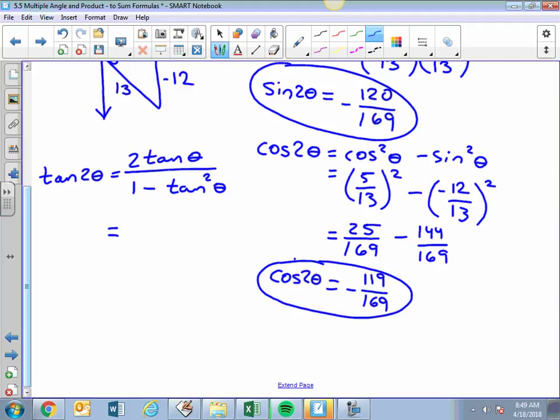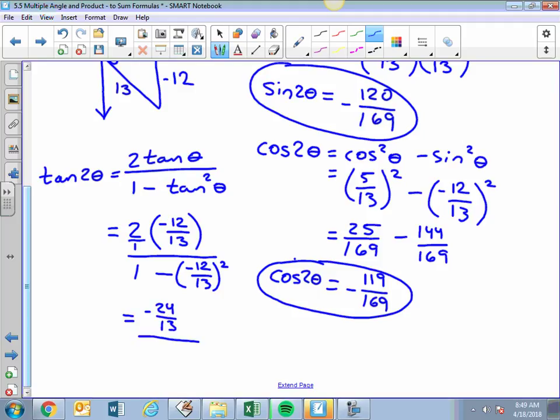So we have 2 in parentheses, negative 12 over 13, and 1 minus tangent squared again, so negative 12 over 13 squared. Once I get this far, I would take care of the squared, and I'm also going to multiply the 2 times the 12, so I get negative 24 over 13. The second one squared would be 1 minus 144 over 169.